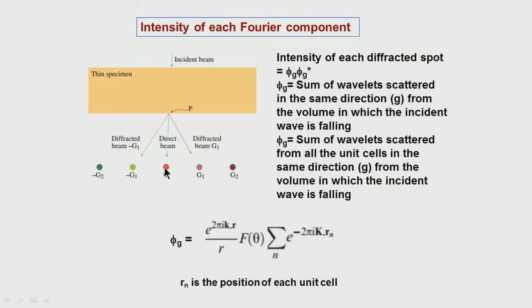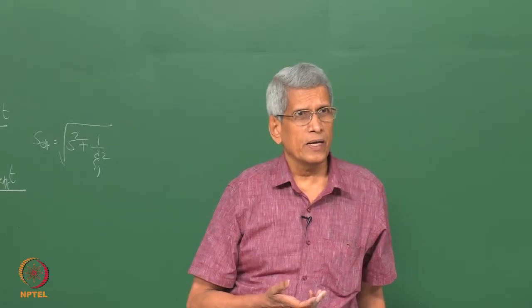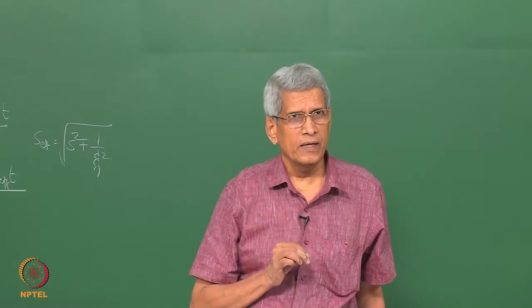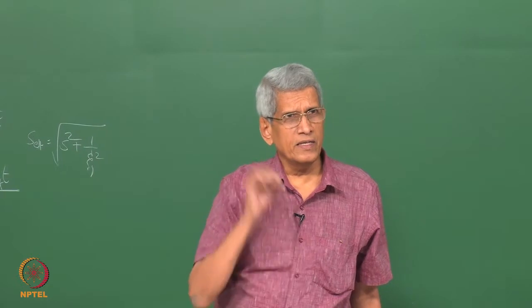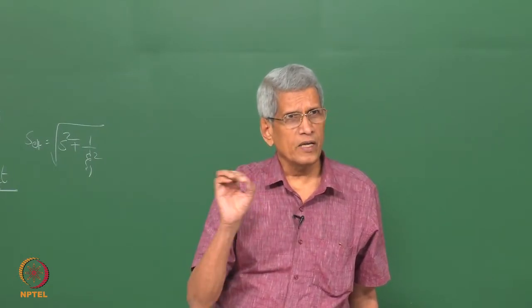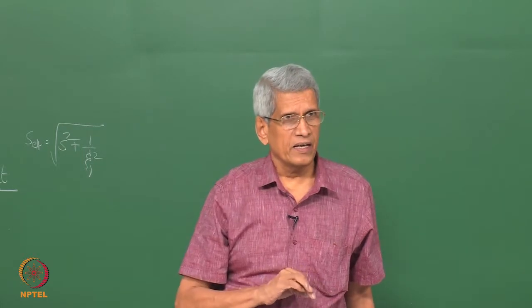And when we look at an image, at every point on the image plane, the intensity at that point depends upon how much has been scattered in each of the directions, correct.